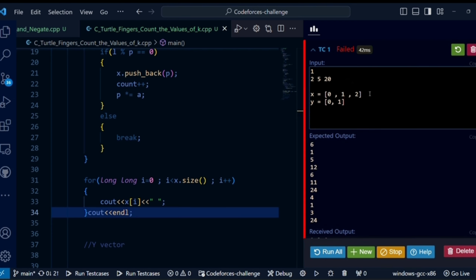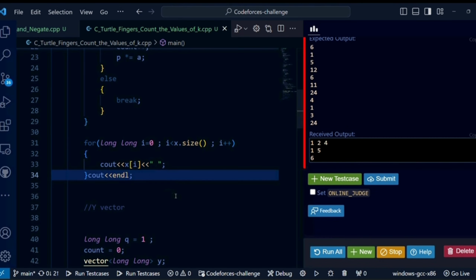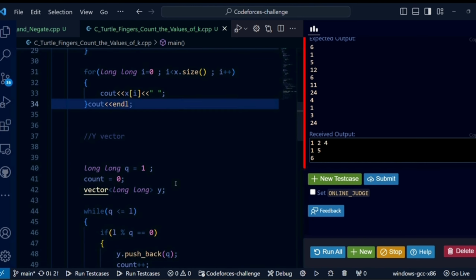What I'm doing is I'm not inserting these values. Instead I'm inserting 1, 2 and 4. And for y I am doing 5 raised to power 0, which is 1, and 5. So this is what I am actually inserting. So till now it is clear what I am inserting and what I got here.